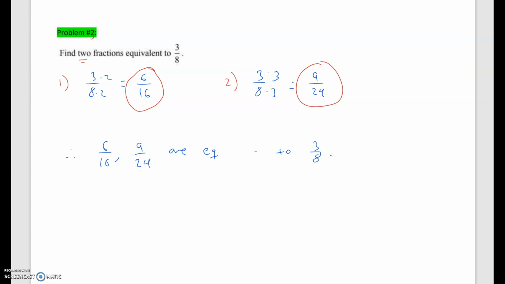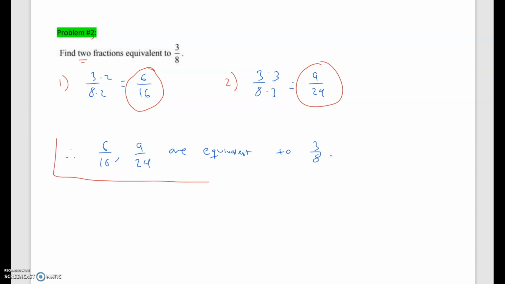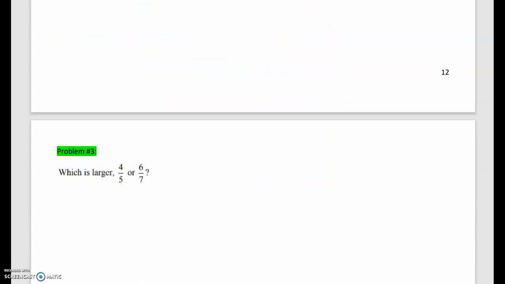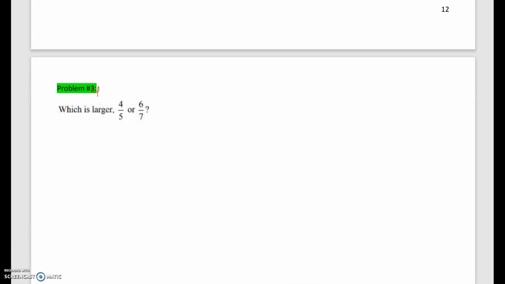And let me fix. Let me move on to the last problem, which should be 4. Sorry about that. I'll fix it on the file.